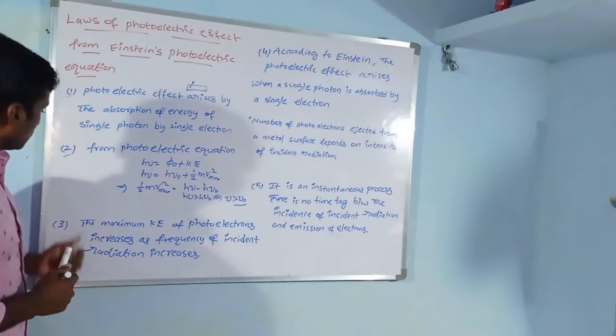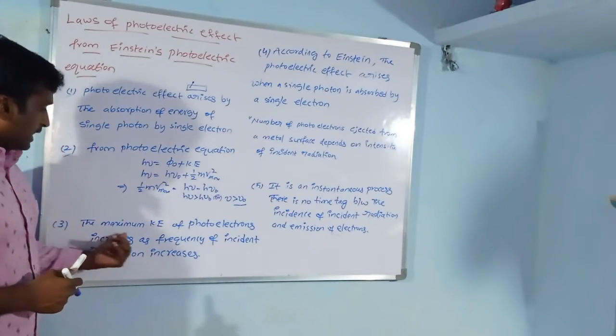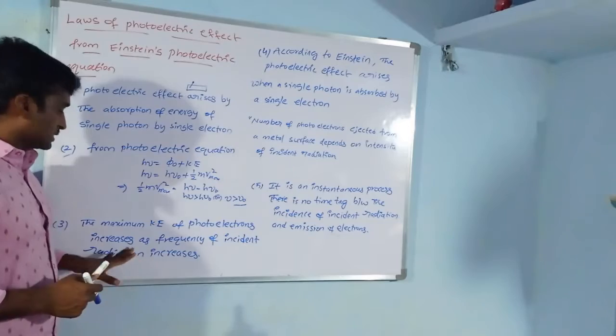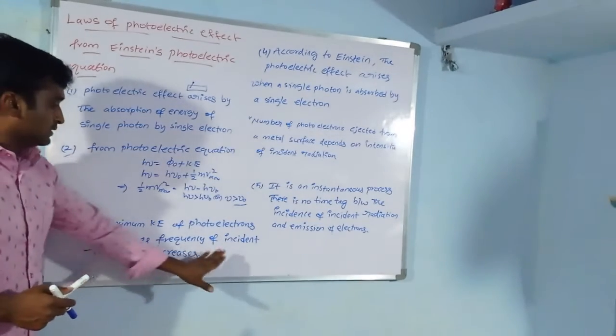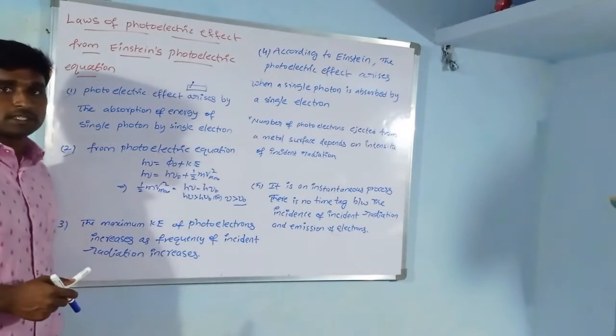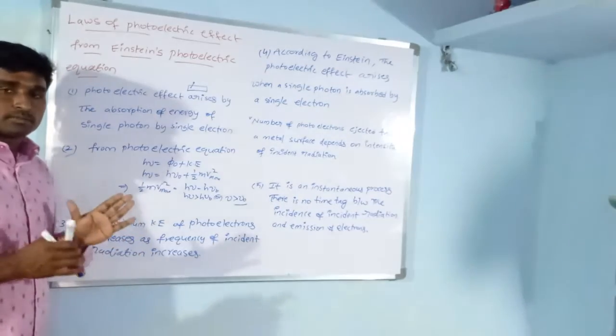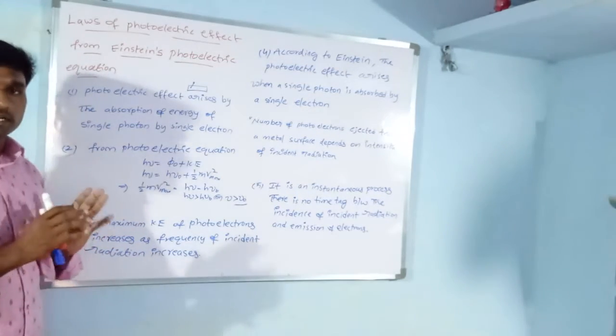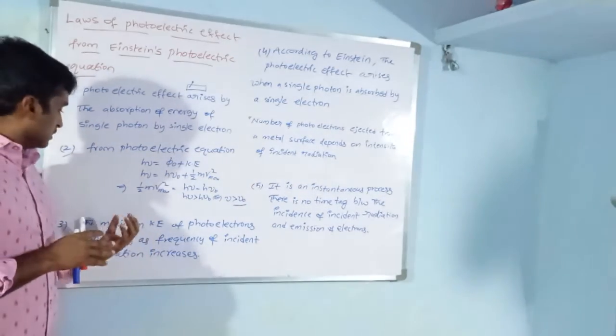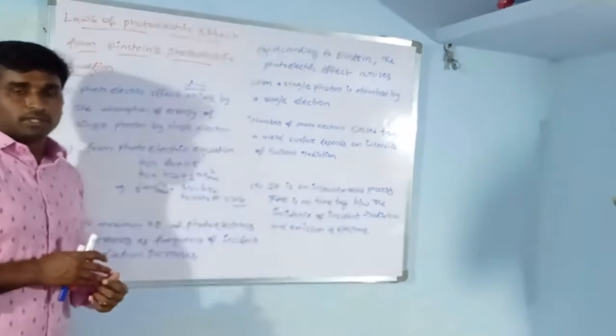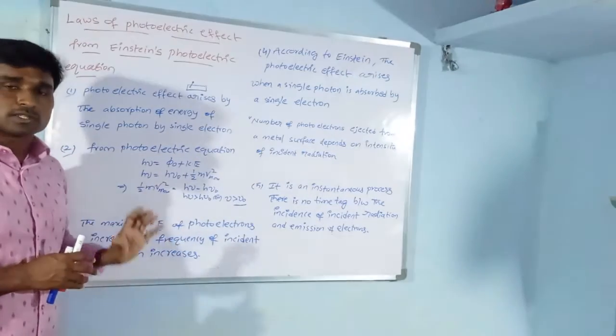Okay. So the third one is: the maximum kinetic energy of the photoelectrons increases as the frequency of the incident radiation increases. So that means as the frequency of the incident radiation increases, the maximum kinetic energy of the photoelectrons also increases.